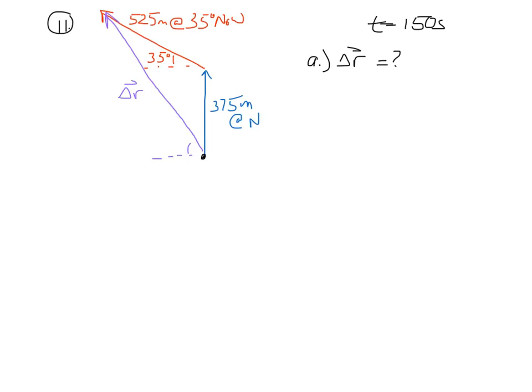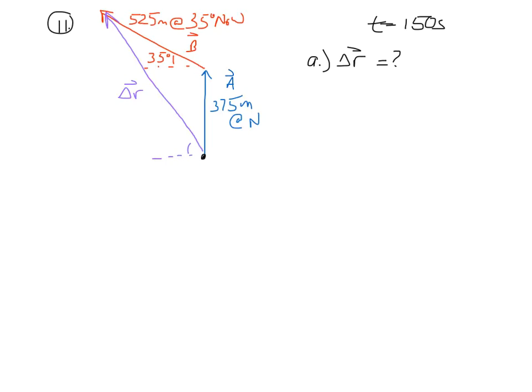To do that, we need to add together our vectors, the blue vector and the red vector. I should have given them names. I'll make the first one vector A, and the second one, the red one, vector B, just so we can tell them apart. How do we add vectors together?